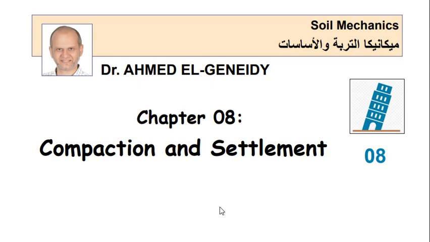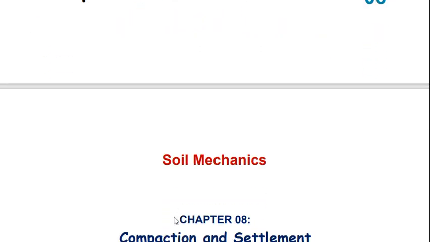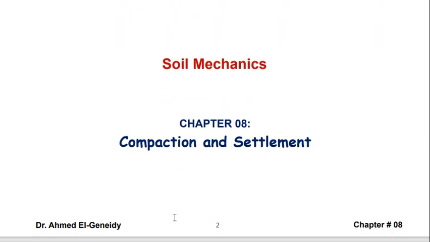So of course, if I have these two major differences, then I expect that the behavior of these two will be different. If sand is subjected to load and clay is subjected to load, there will be a difference in the behavior of both. What is the difference? The difference is mainly related to water.